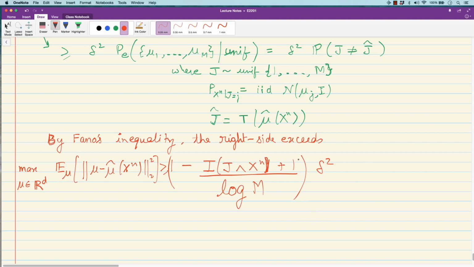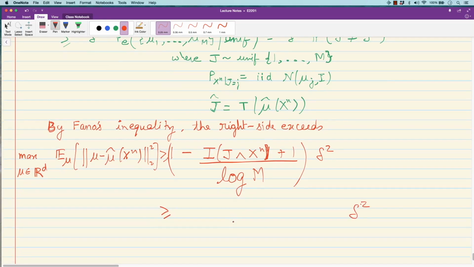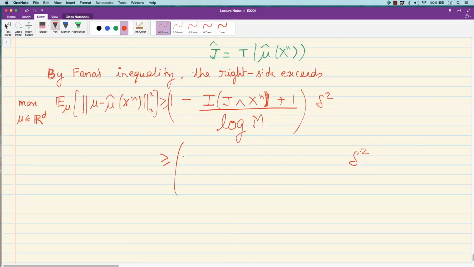Okay, so this is mutual information. Now, one more thing we'll do is bound this mutual information in terms of capacity and information radius. We can bound it any way we want, but we'll bound it by capacity and information radius. So this delta square I'll retain, exceeds 1 minus the max over the input distribution on j, p_j, plus 1 by log m.